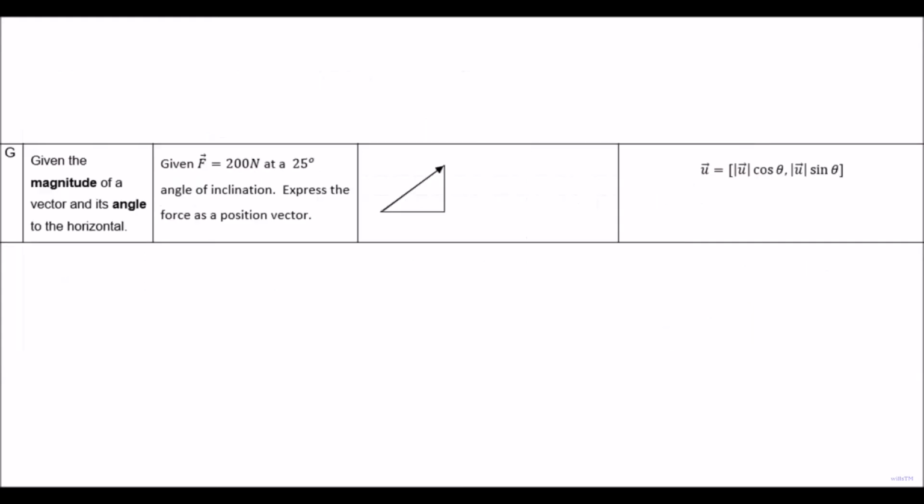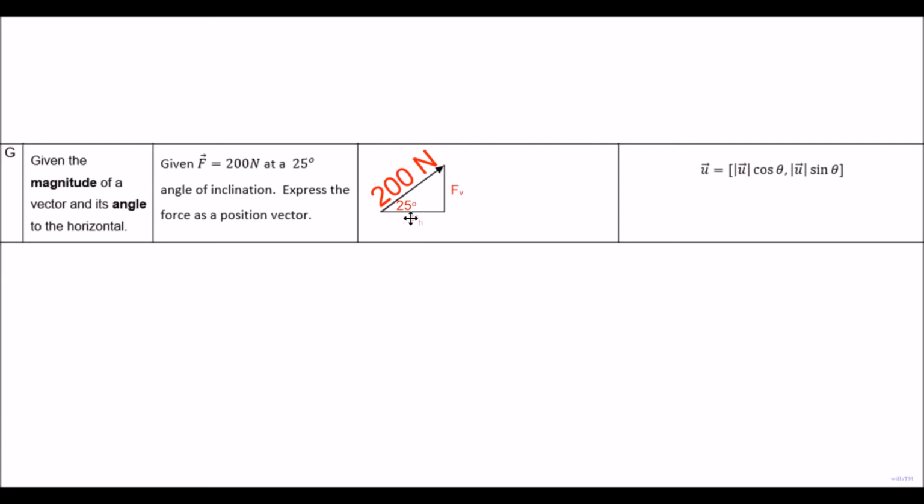And then finally, here's the last one. I want to do, given a magnitude of a vector and an angle to the horizontal, so here I have this. Again, geometric vectors, I've got a force of 200 newtons at 25 degrees angle of inclination. That means to the horizontal, above the horizontal. Express the force as a position vector. So what I'm going to do here is I know that this is 200 newtons. I've got an angle here, and what I want is the horizontal force and the vertical force.